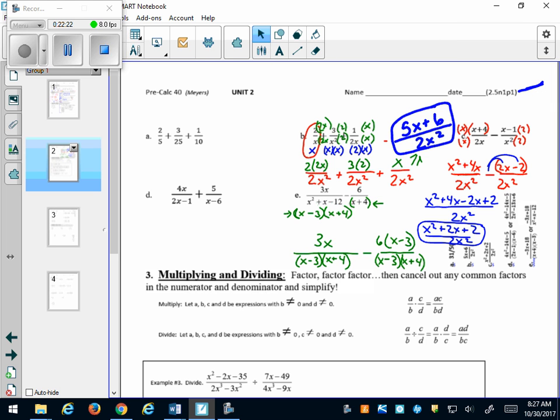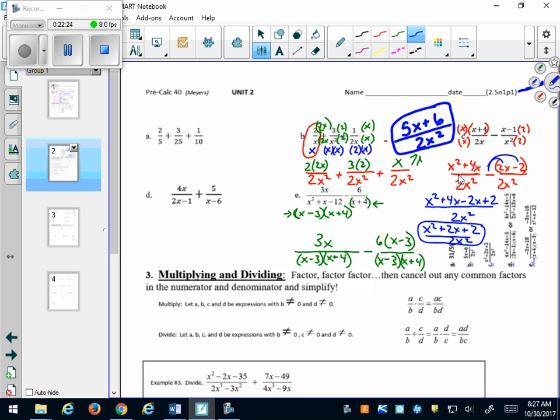Definitely should have left you more room. Okay, so I'm going to go this way now. I get 3x. Well, this is 6x minus 18, right? So I have 3x minus 6x plus 18. Remember, we're distributing that negative.